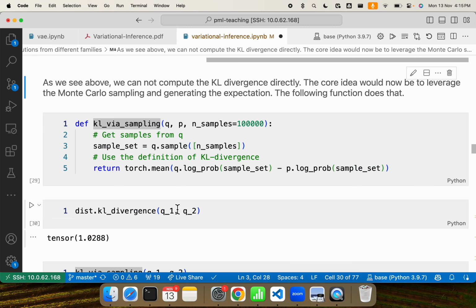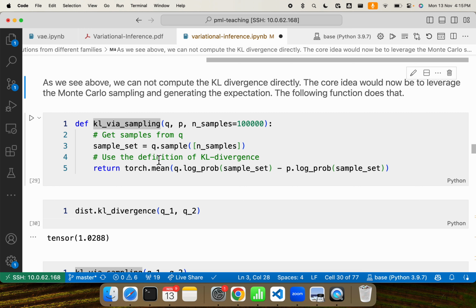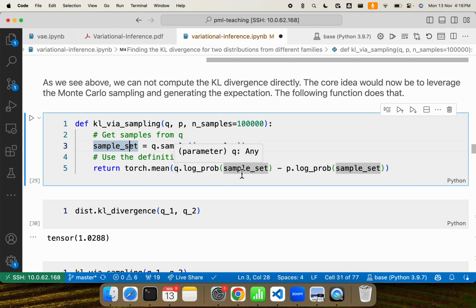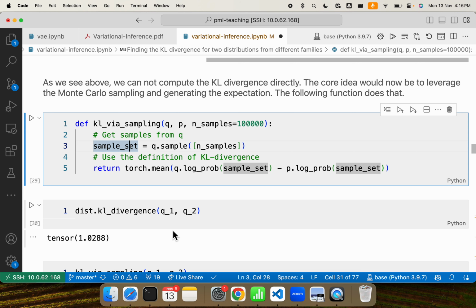I've not written the math here. All we're saying here is that we sample from the Q distribution to get a set of samples, and then we do Q dot log prob of those samples minus P dot log prob of those samples and take the mean over them. And this is just the standard Monte Carlo sampling.